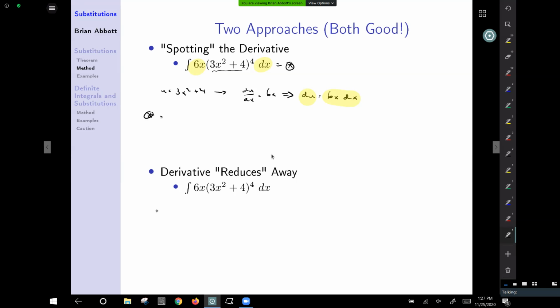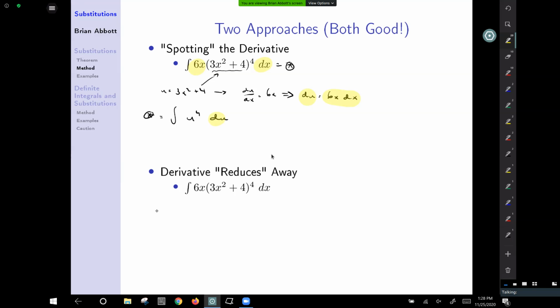We'll see that everything highlighted in yellow is going to be replaced with du. And so all I need to do is replace 3x squared plus 4 with u. That's going to leave me with u to the fourth du. I'll just emphasize that's happening. Du can be replaced with 6x dx.